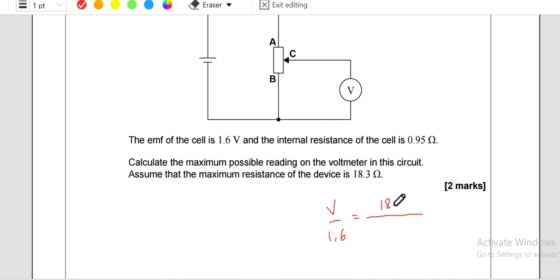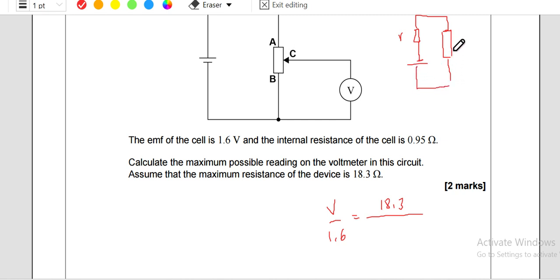I know that someone may say that it is just the maximum resistance, and you are right, because the question will transform to be something like that. Here is a small resistance R, and here is the total resistance taken from this variable resistor.